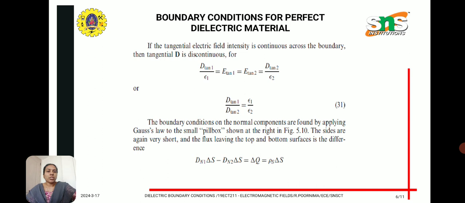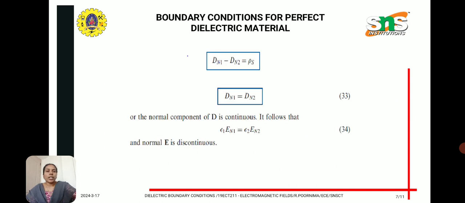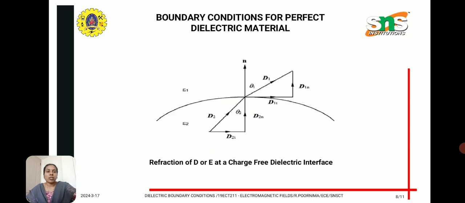The boundary conditions on the normal components are found by applying Gauss law to the cylindrical surface known as the pillbox. Here we obtain D1 dot delta S minus D2 dot delta S equal to rho s times delta S. This is applied using Gauss law, and we get Dn1 equal to Dn2, where the normal components of D are continuous across the boundary, and the normal electric field is discontinuous.